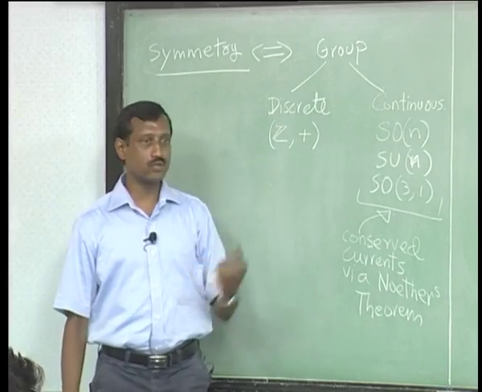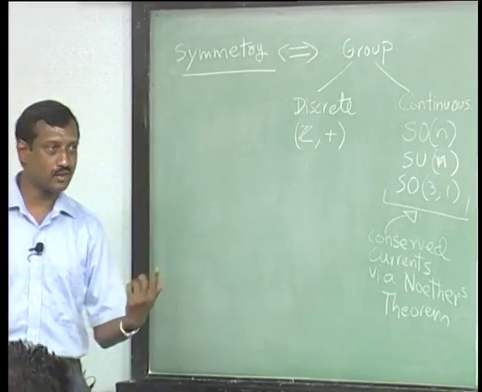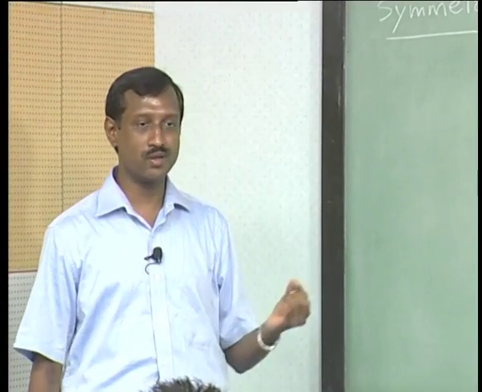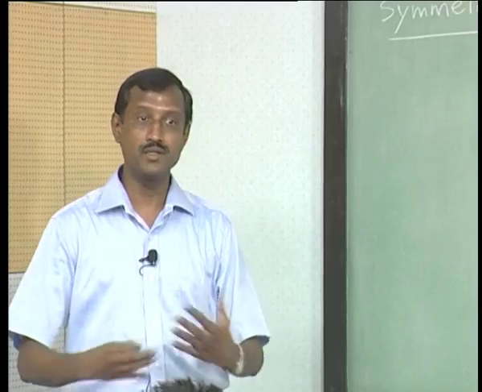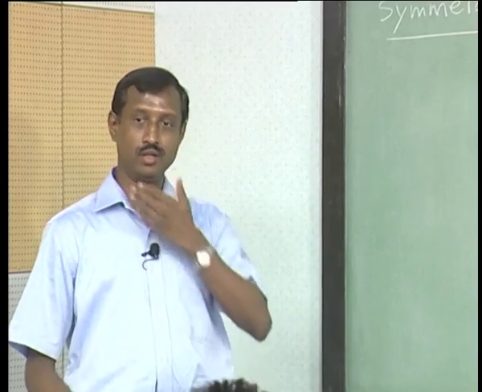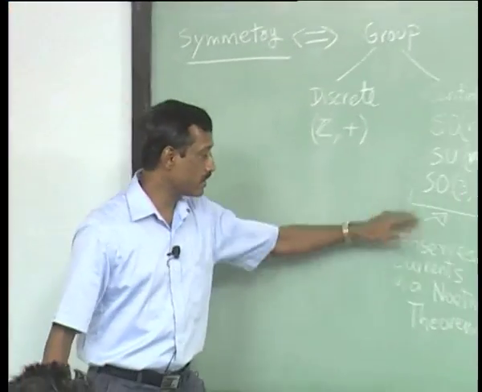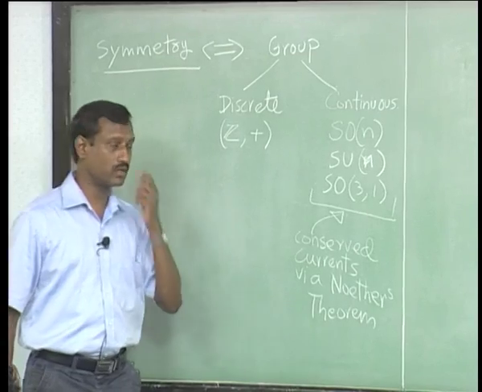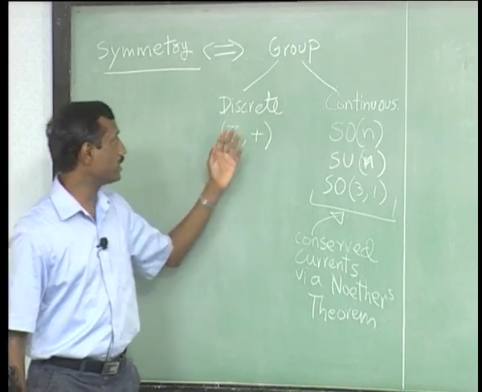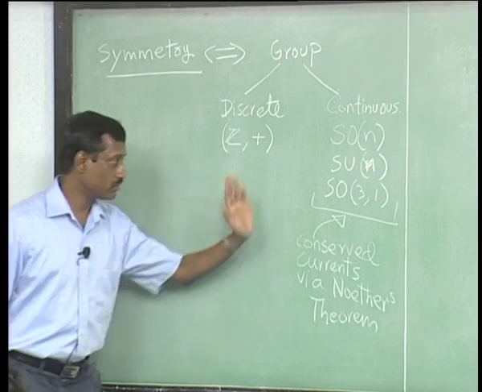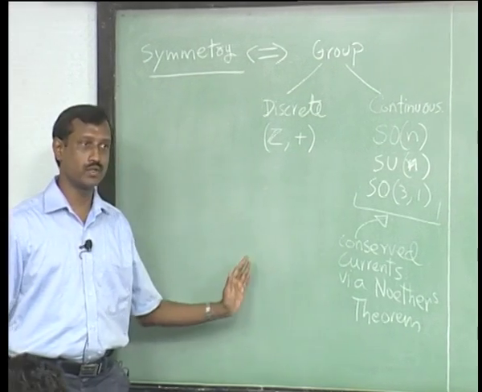Roughly speaking, you think of the identity element which does nothing, and you can talk of a neighborhood of the identity element. So, you have some parameter or parameters which you can take to be small. There is some notion of expanding about a small parameter, and that will be very important in our derivation of this. These are the two kinds of groups that we will look at, and Noether's theorem tells you that you get conserved currents only for continuous ones.